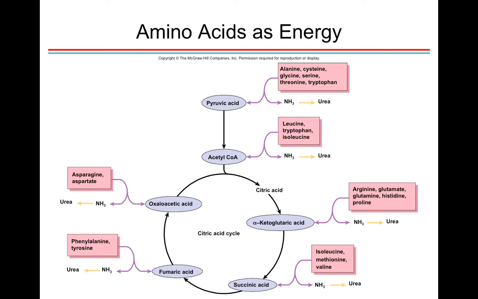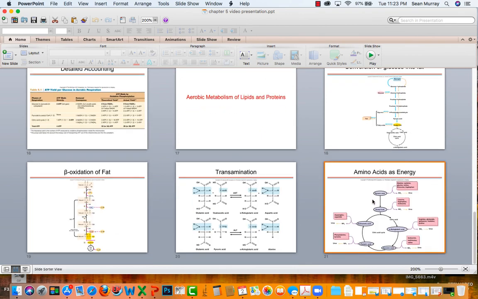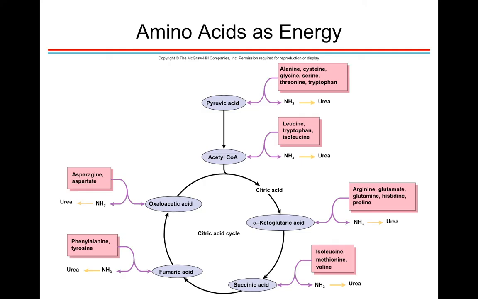Intermediates are just the molecules of the citric acid cycle. So the different amino acids can be converted into molecules in the citric acid cycle. You don't need to memorize which amino acids are converted to which citric acid cycle molecule, but I just want to leave you with this appreciation.